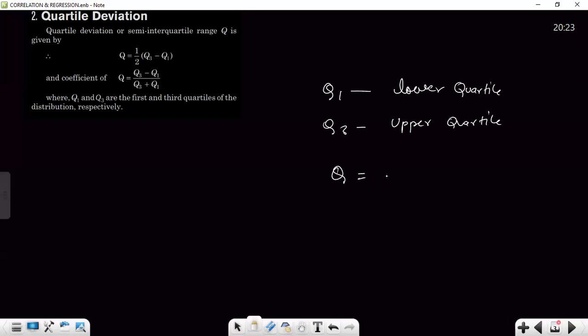And this Q will come out as the semi-interquartile range, or we may also call it quartile deviation simply. And there will be no questions asked from this topic. That's a risky line to say, but no. Yes. So Q is simply 1 by 2 times Q3 minus Q1, and its coefficient is Q3 minus Q1 upon Q3 plus Q1. We'll look at its example later.